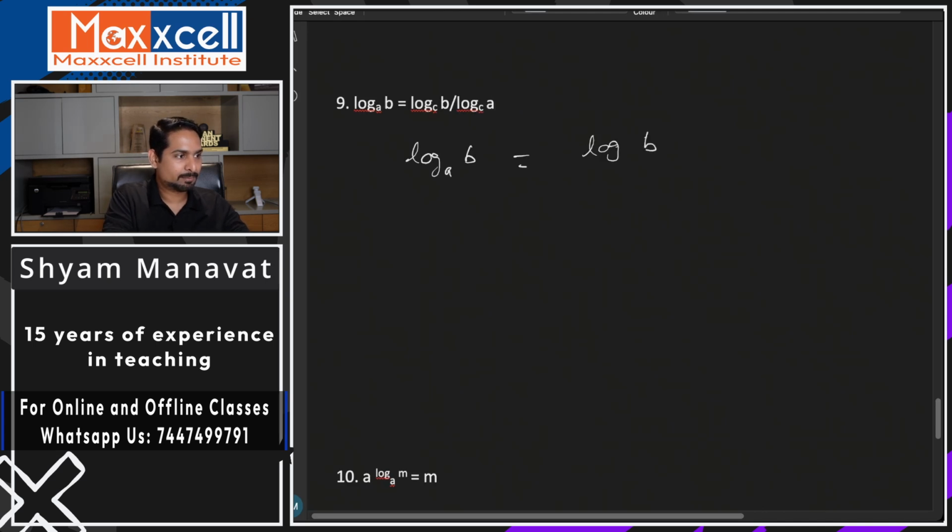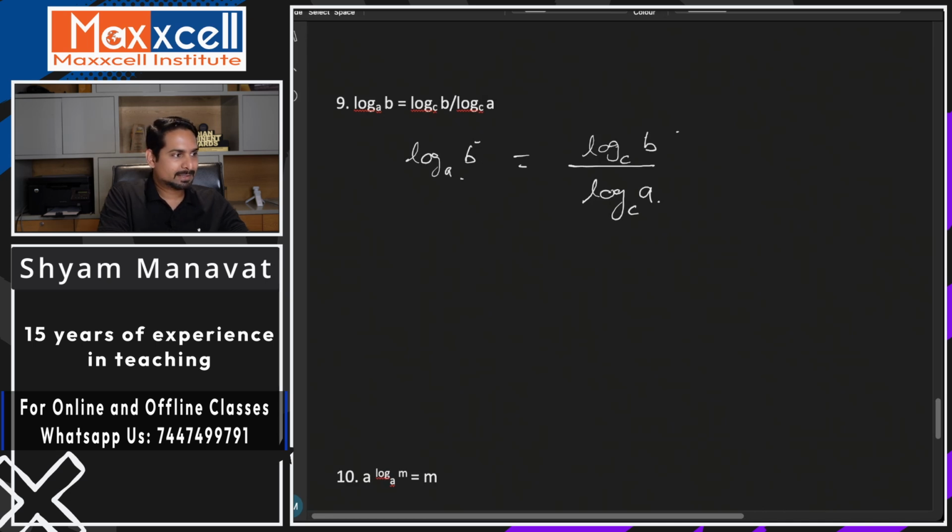Let me correct this one; what I wrote is not correct. It is log of b by log of a. Did you understand? The number b as it is and a as it is, and then you can introduce a new base to this log. It is possible.